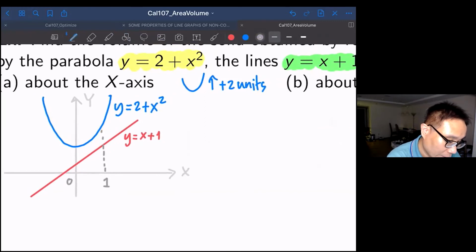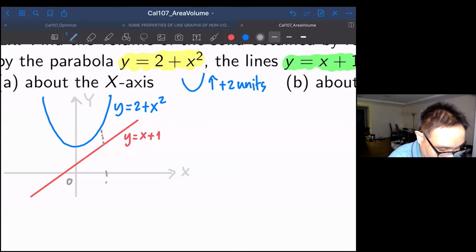First of all, let me copy this picture before I ruin it. I'm going to have x equal to 1 like this, and drop this one down. So here you have 1.